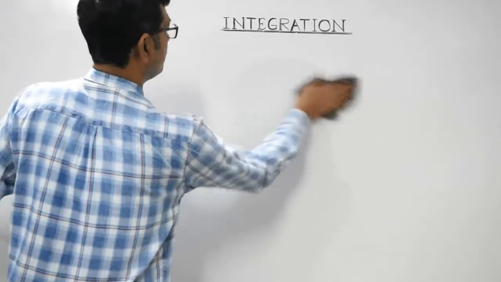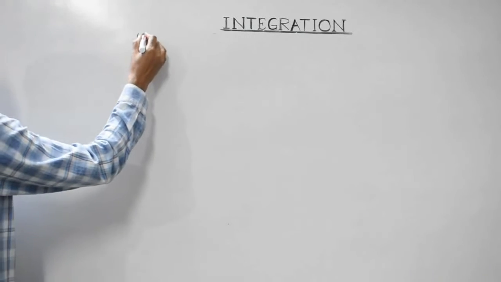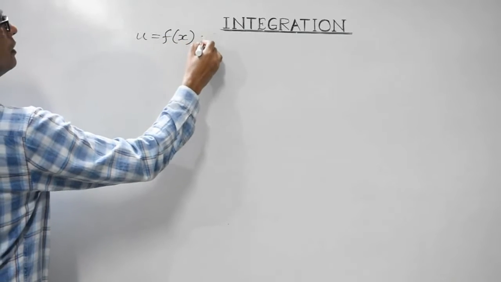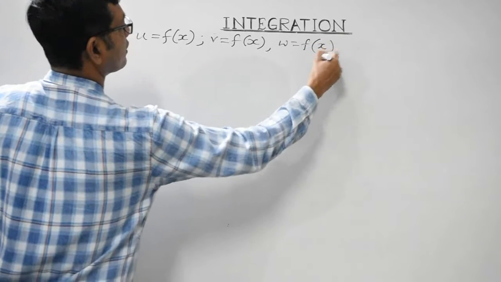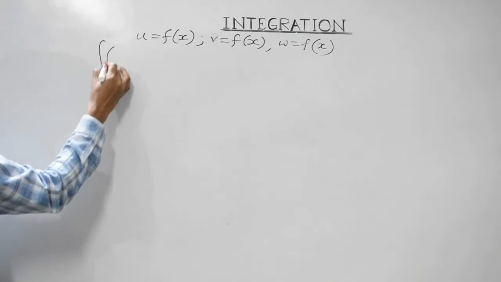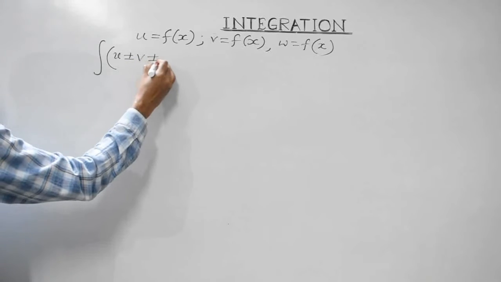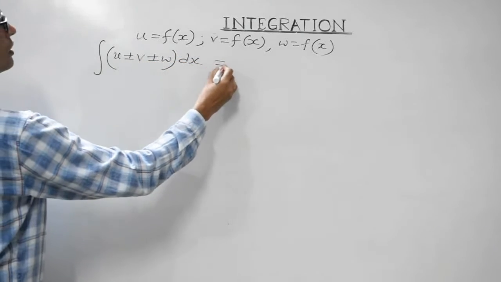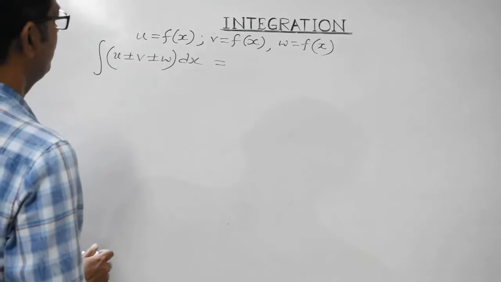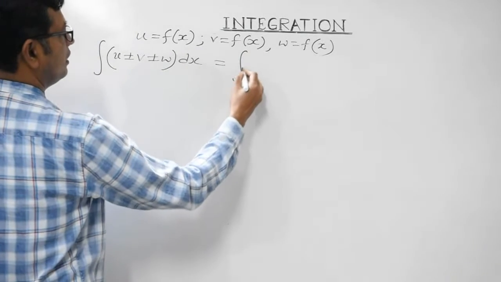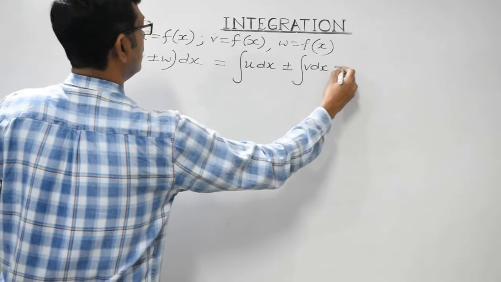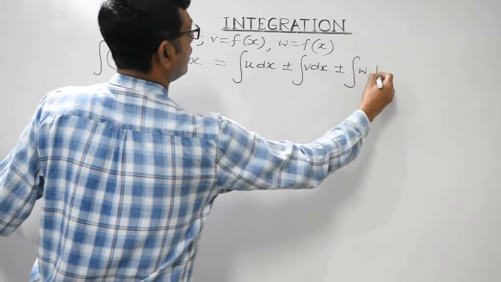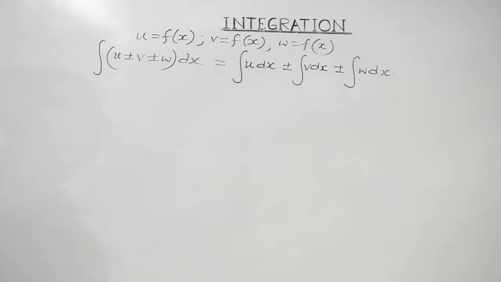So in case u is a function of x, v is a function of x, w is a function of x, and if we are supposed to find the integral of u plus minus v plus minus w dx, simply open the bracket and we can write it like this: integration of u dx plus minus integration of v dx plus minus integration of w dx, right?